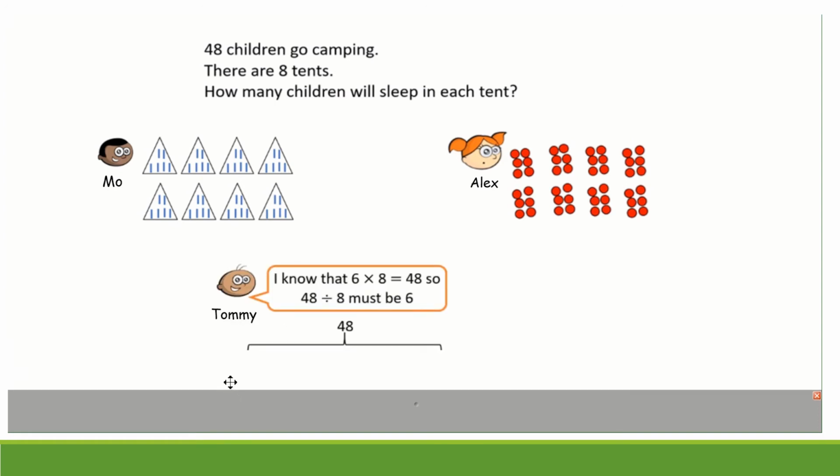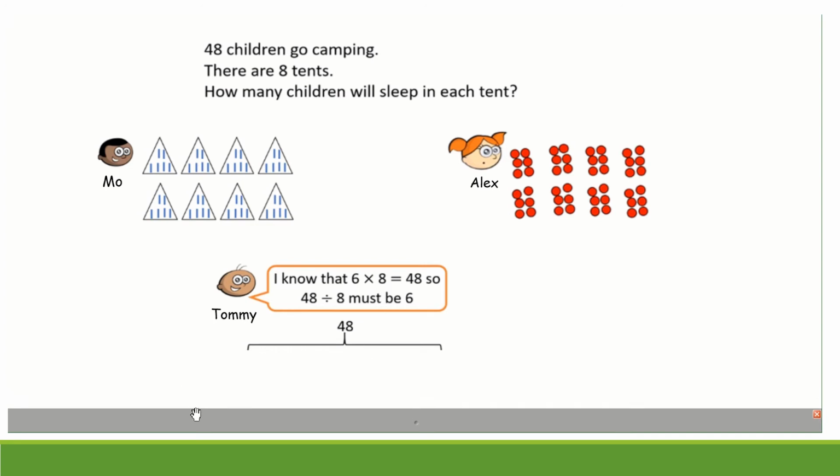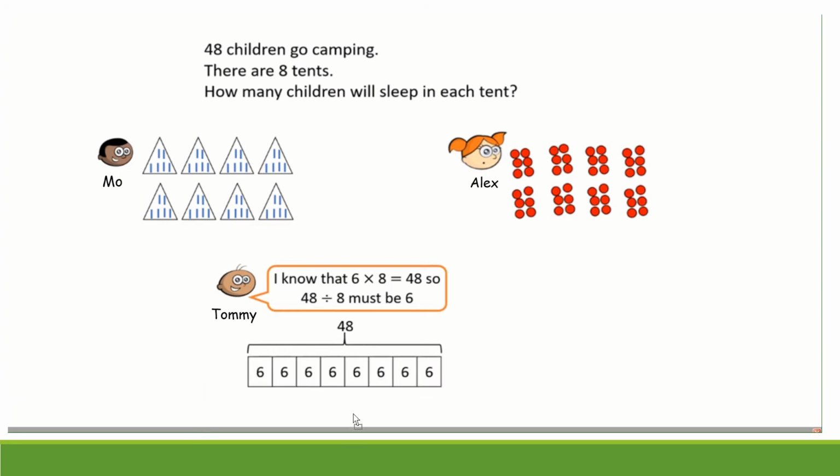So Tommy knows that 6 times 8 equals 48, so he has used his related division fact, and he has used a bar model to show this. So 48 divided into 8 equal parts, the answer must be 6. Did you manage to think of any of these representations? Well done if you were able to.